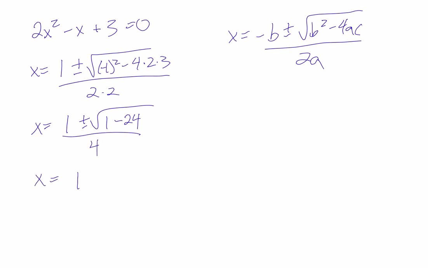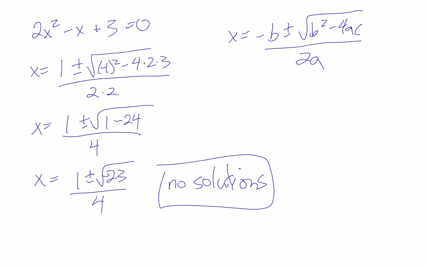So when we simplify it, we get 1 plus or minus the square root of negative 23. And the square root of negative 23 doesn't work. You can't take the square root of a negative number. So that means, in this case, because we can't do a square root, we get no solutions.